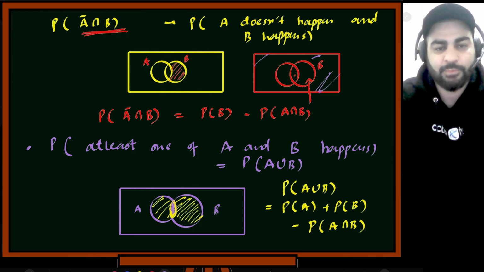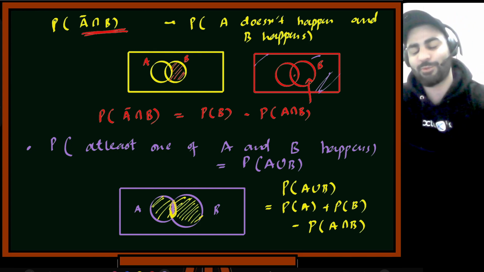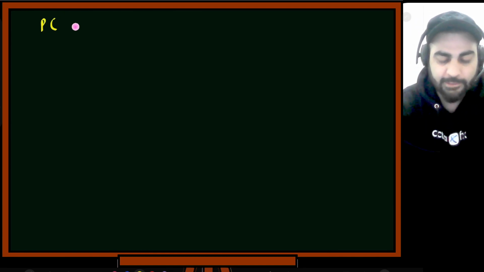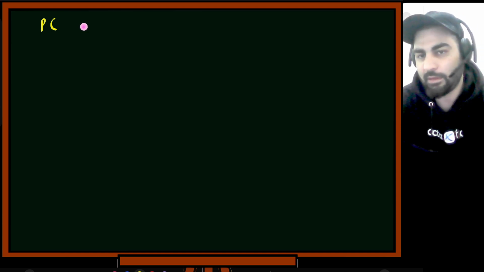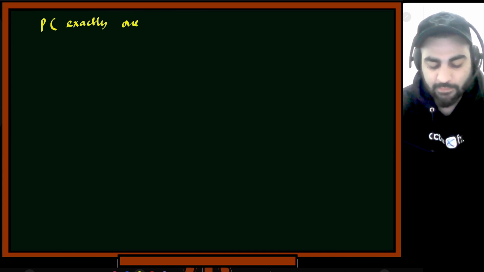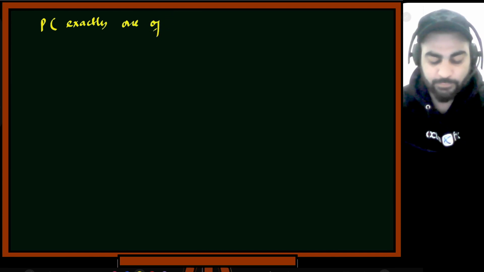Yes, sir. Okay, just keep your focus, because this might sound a little boring, but these are the rules. You must know how to translate these things. And then we said the probability that exactly one of A and B happens.